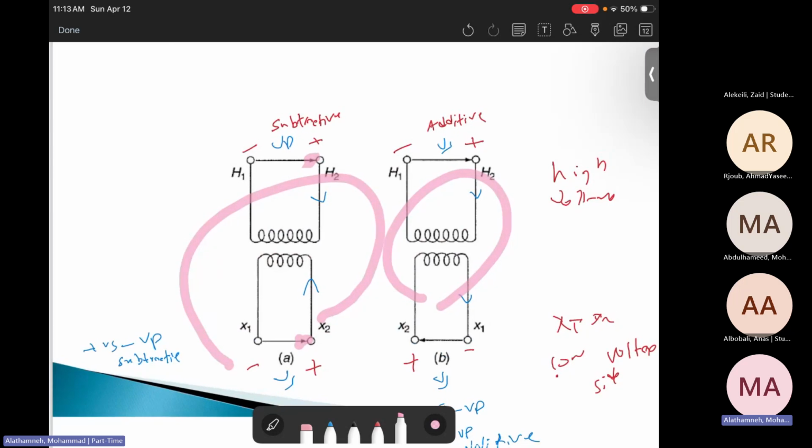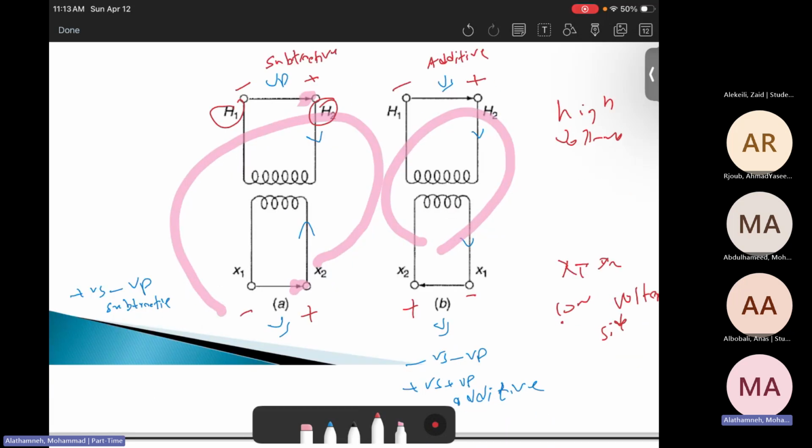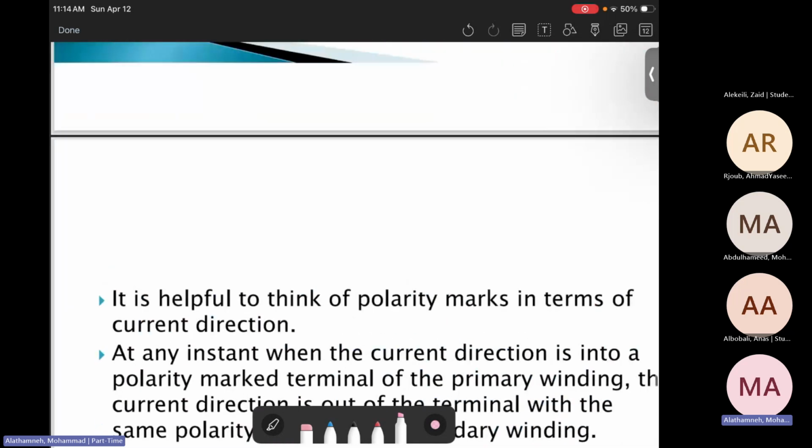It's common if and only if we are fixing H1 and H2. If they are changed, the way I did before, when you do the KVL, if they are alike, then it will be additive, adding. If one is positive and one is negative, then they will be subtractive. This is the best scenario.